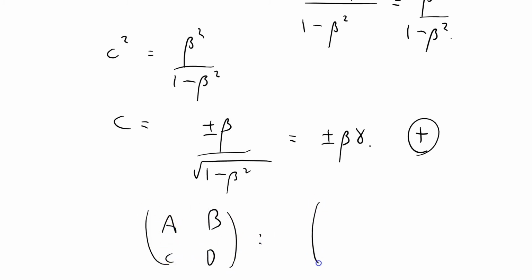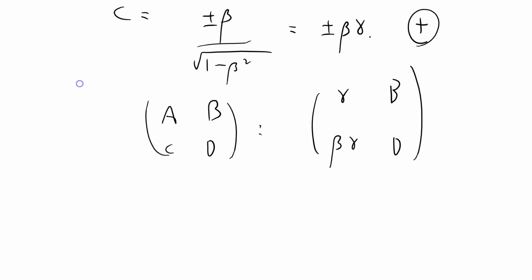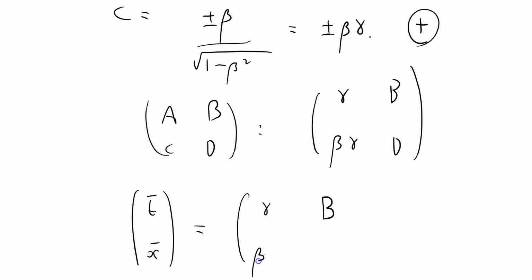I've got A and C, which are now gamma and beta gamma, and these two here are as yet unknown. So my transform, t bar, x bar, equals gamma, capital B, which is unknown, beta gamma, which we worked out from the invariance of the interval, D, which is still unknown, times t, x.